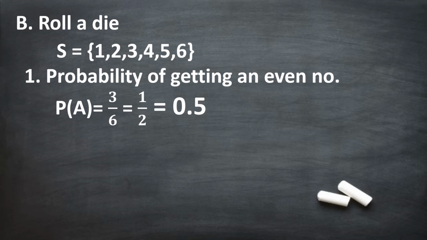That's why the numerator for this probability is 3, all over the total number of possible outcomes for this given experiment, and that is 6 since we have 6 outcomes in the sample space. In conclusion, we have the probability of A, or the probability of getting an even number, as 3 over 6. In simplest form, it is 1/2, and in decimal form, it is 0.5.